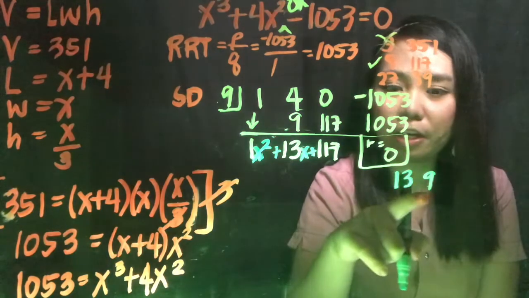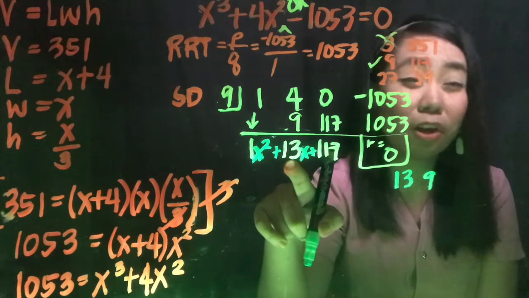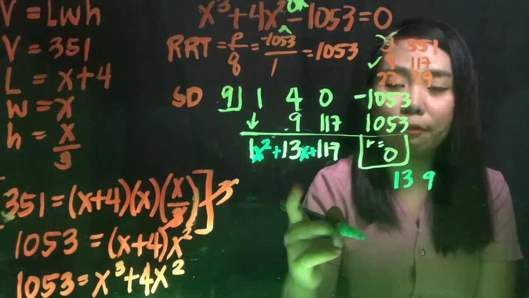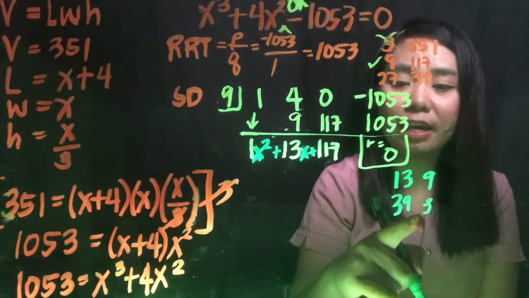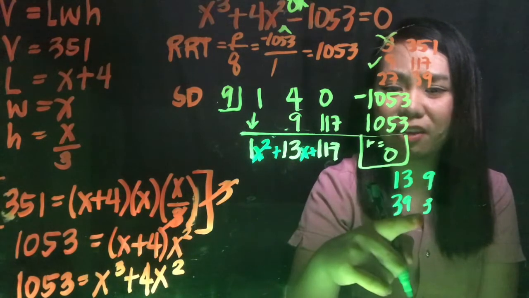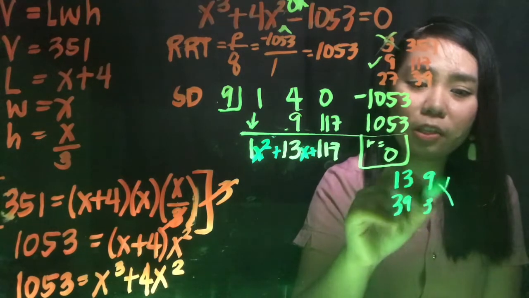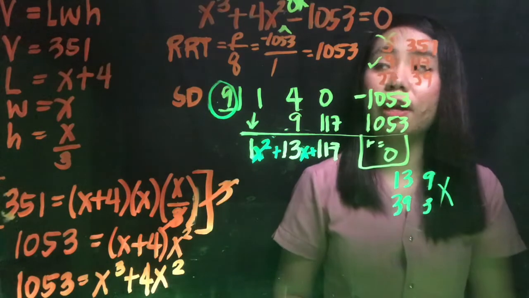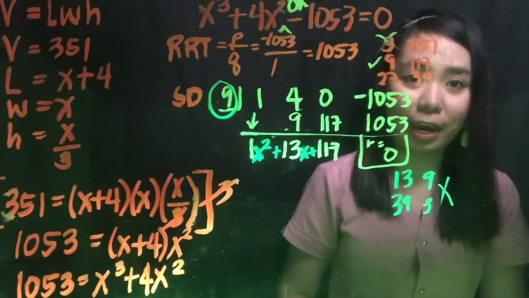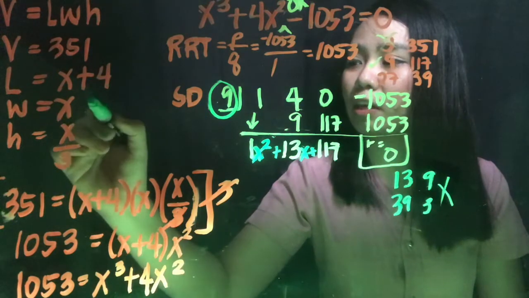If we add here, the answer is 22. If we subtract, the answer is 4. So it's not 13. But what if we try 39 and 3? Again, the number is getting higher. It's far from 13. Therefore, we cannot solve this further. Instead, we can now have 9 as our value for x. So going back to the given, you now have x equals 9.